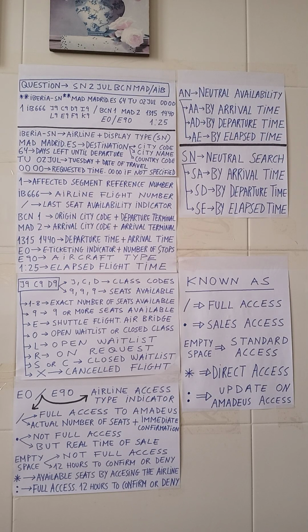Each of those 8 letters, J, C, D, I, L, E, F, and K, are called classes, but each of them belongs to a group of categories, which are also called classes and which will never be seen on this type of computer screen. These categories are usually referred to as first class, business class, and economy class.